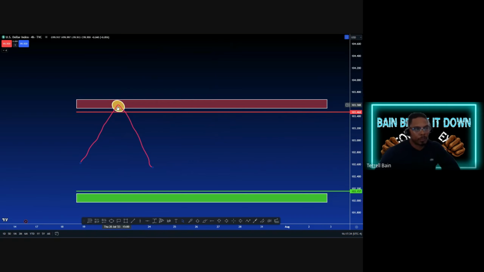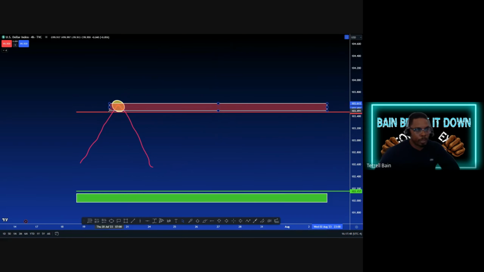So with that area of where that candle is, we mark that with a zone. It'll most likely look like this, where we're just trying to capture the main part of that swing. And now we're calling this a supply area instead of a resistance area, even though they're both the same.